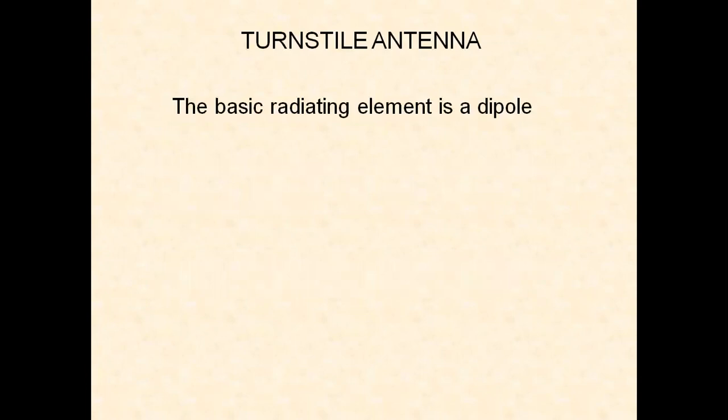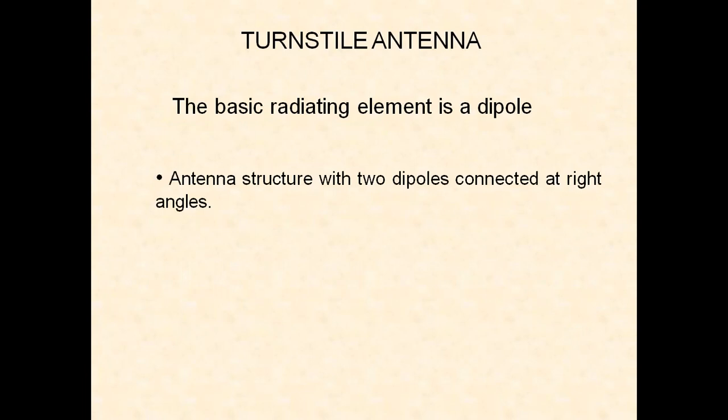The basic radiating element is a dipole. Antenna structure with two dipoles connected at right angles. Turnstile antenna is a combination of two dipoles designed to give omnidirectional radiation pattern in horizontal plane with horizontal polarization.